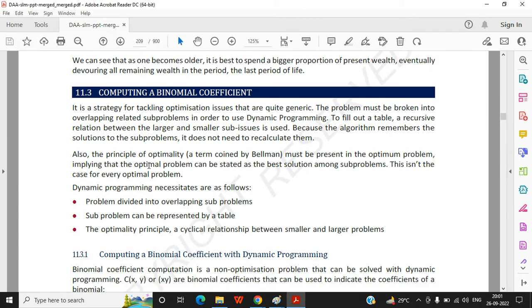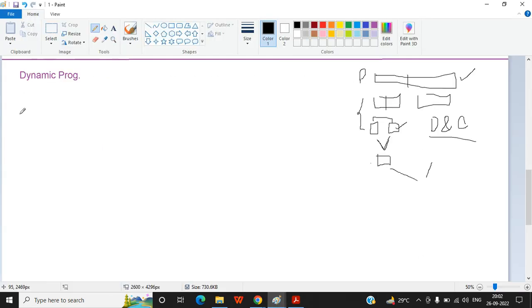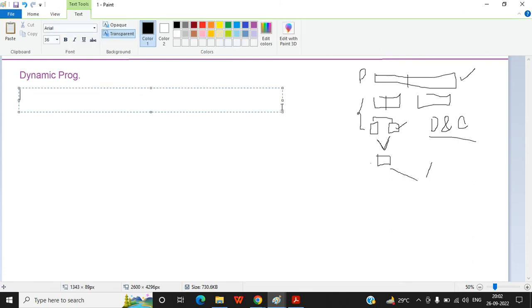Now, with that philosophy, we are going to do computing binomial coefficient. You remember the term binomial coefficient? In maths we did binomial theorem, not exactly binomial coefficient.